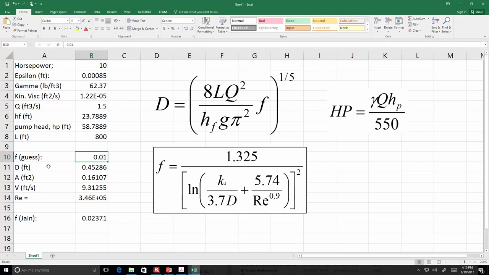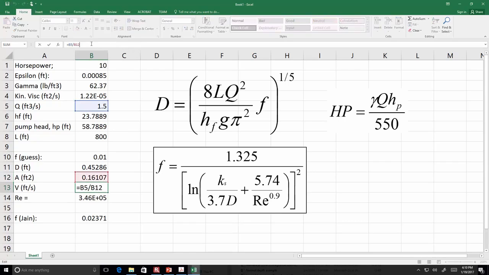And the nice thing is once we've got these equations typed, I should anchor them because I want to just be able to copy and paste over and over again. So I'm going to anchor everything except for that reference to F. So I'm going to anchor the references, everything except for the pipe friction. The same thing with the area will be looking above it.